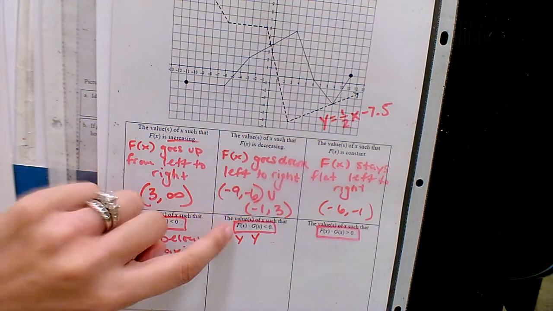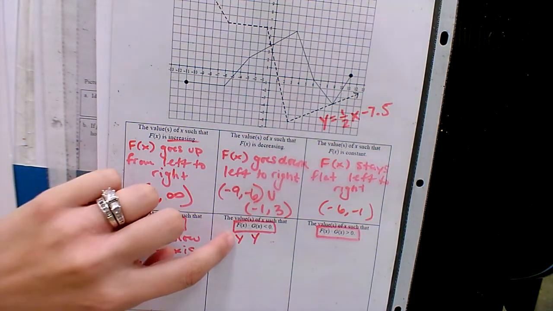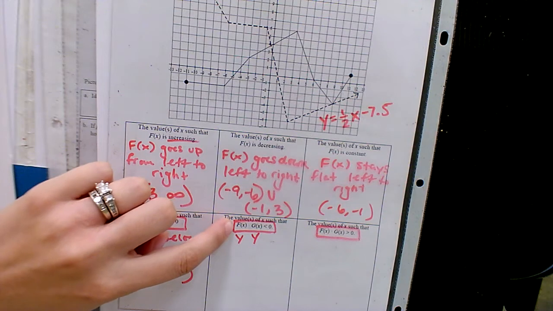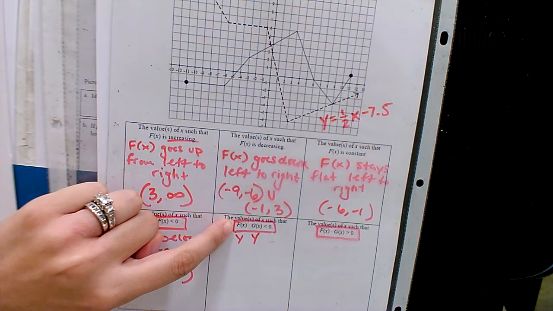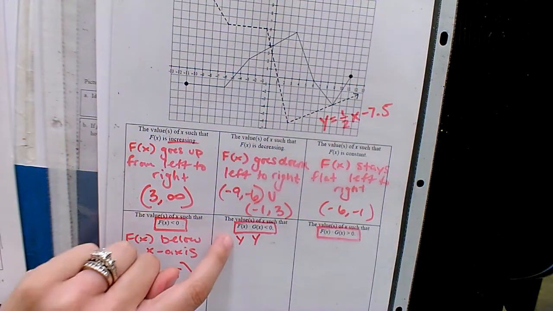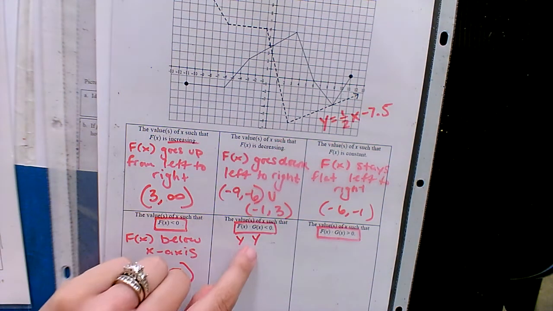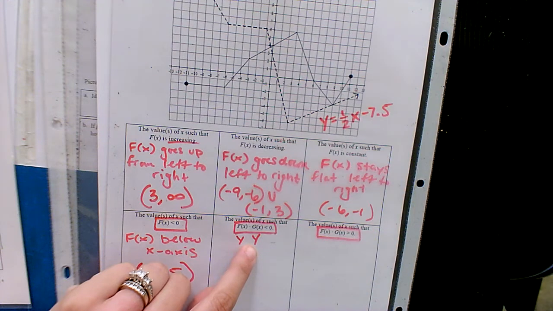Let's just say in general, if we want the y value from f of x to be positive, where's the f graph located? If you have a positive y value, you are above the x-axis. If the y value from f is positive, that means the y value from the g graph is negative.